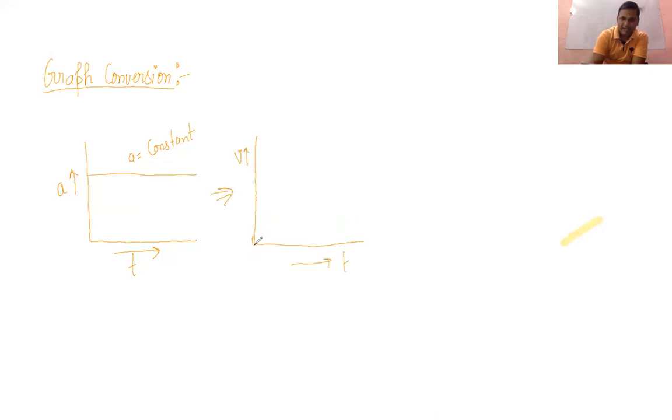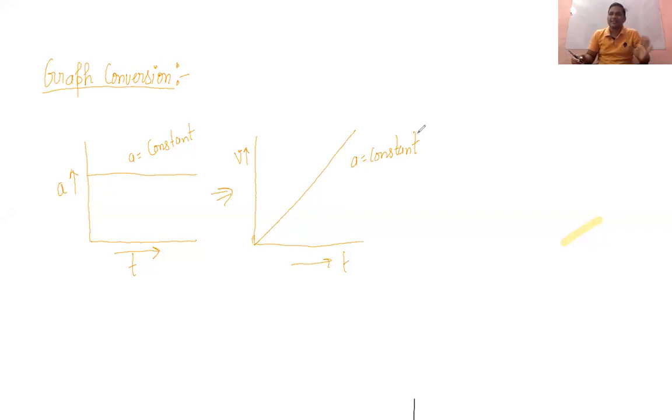In this case, a is going to be constant, isn't it? Because the slope gives the acceleration, and the acceleration is going to be constant because theta is going to be constant. If you have been given the acceleration time graph, you have just made the velocity time graph.